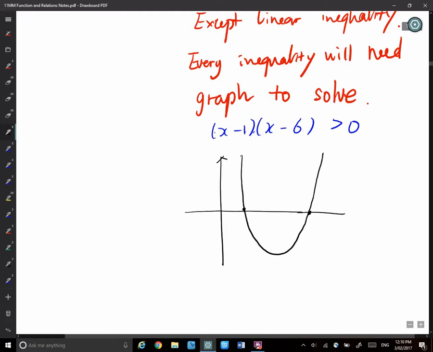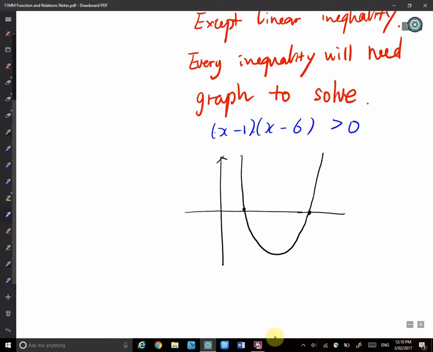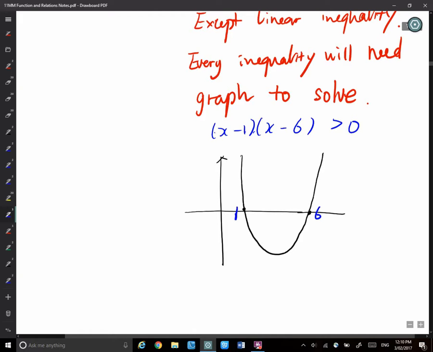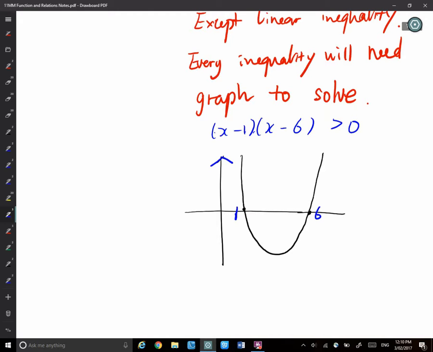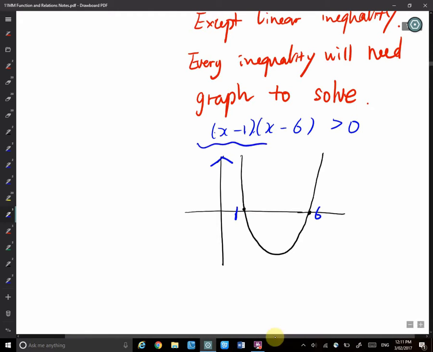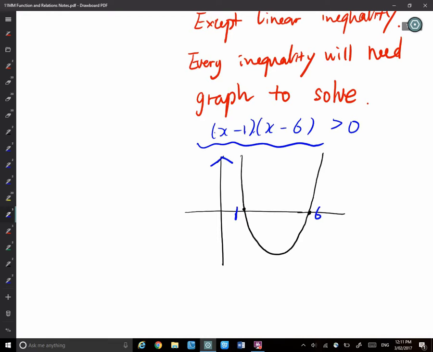Okay, that graph roughly looks like this. I don't really need to find the turning point. Let's say that's a 6, that's a 1. You want to find the x values that make this graph positive. You want the y value to be greater than 0.